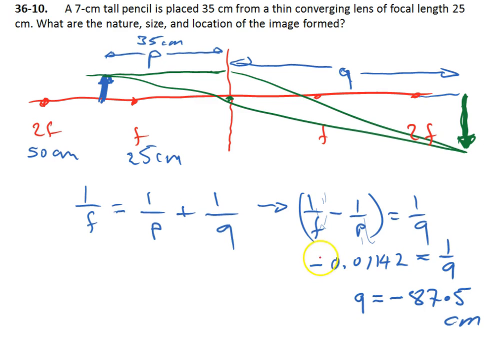And when I do recalculate, I find this should have been plus and plus. So q is 87.5 centimeters. Fine. So I'm going to remove most of the information so that I can carry on without deleting the diagram.